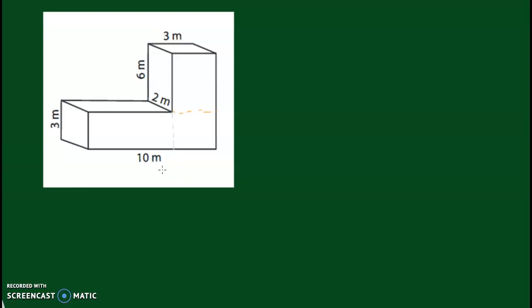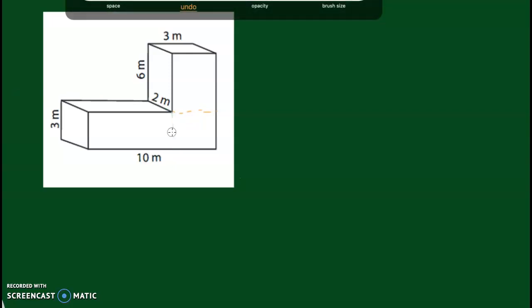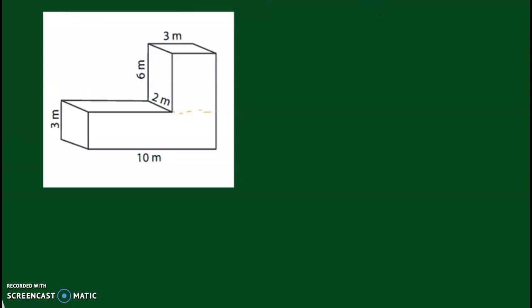For a problem like this, the best way to separate it is with these marks here, because they don't give us a length here, and they do here. And so if we use this one, it just creates a little bit more work for us. So I'm going to go with this one.